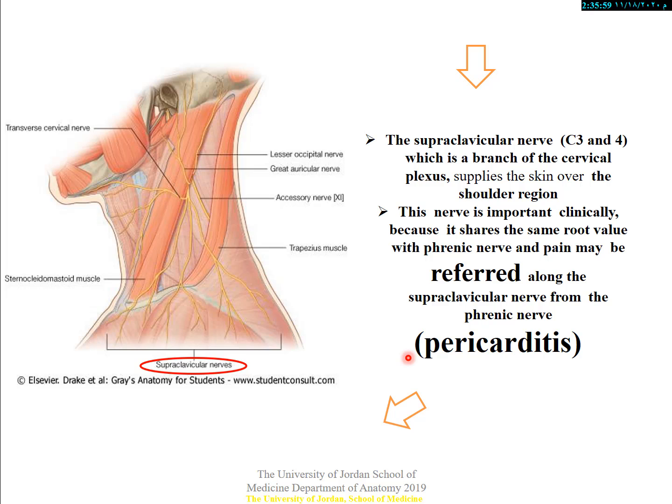Okay, so the bottom line is very simple. If a patient comes to you complaining about shoulder pain, you need to examine the shoulder itself, and if you find the shoulder is fine, think about two conditions: pericarditis, as the phrenic nerve takes the pain from the pericardium to C3, C4, which has a common station with the supraclavicular nerve.